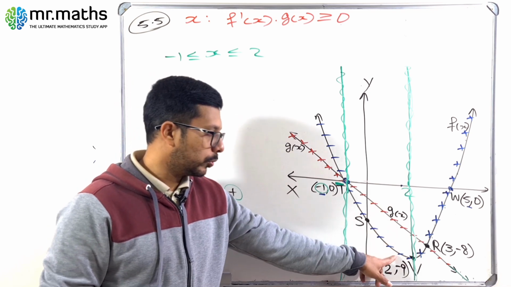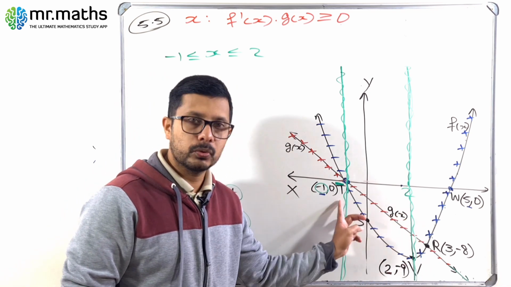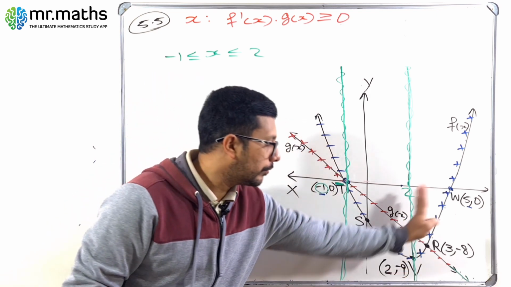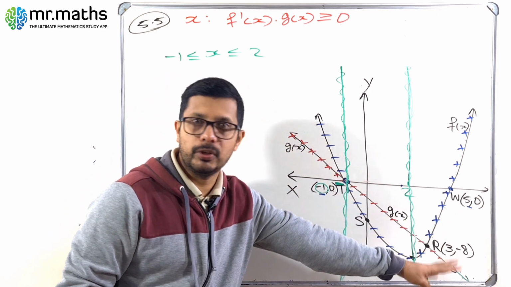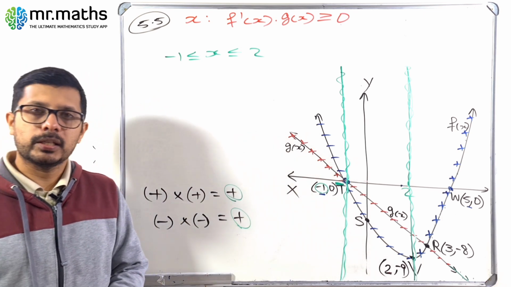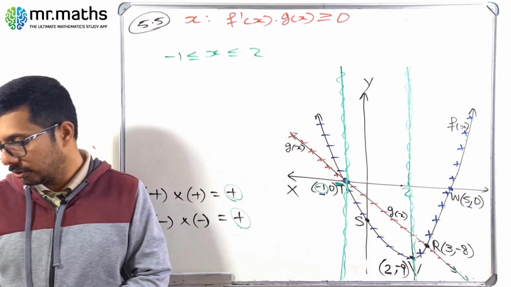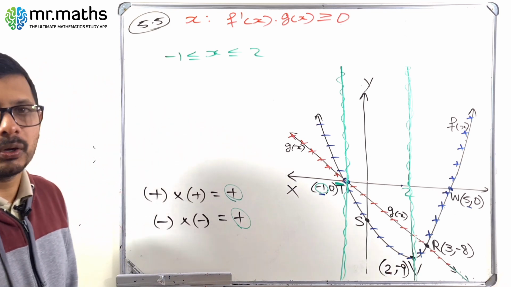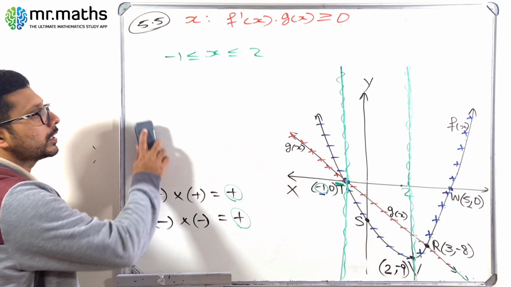Minus times minus is positive between these two. Before that plus minus is negative, after that plus minus is negative, we don't want that. So the answer is -1 less than or equal to x less than or equal to 2. Okay, so that is question number 5.5. Now let's move to question number 6.